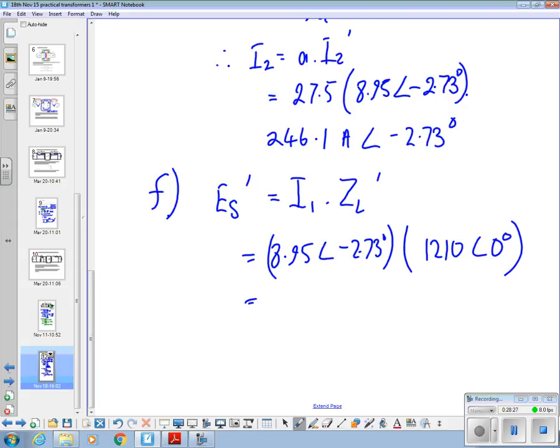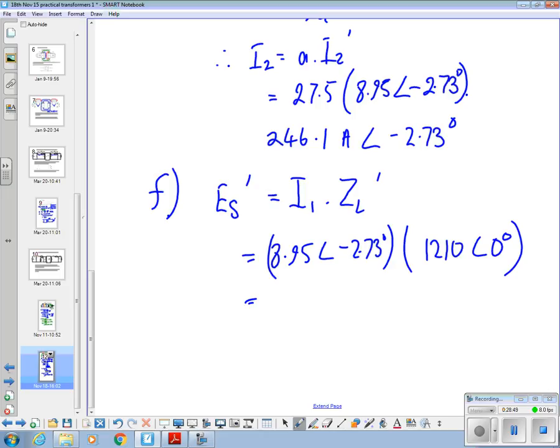So we push the buttons. We only need to calculate the magnitude. The angle's not going to change. Nearly 9 times 1,000.